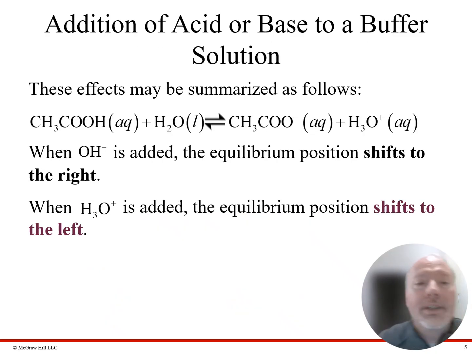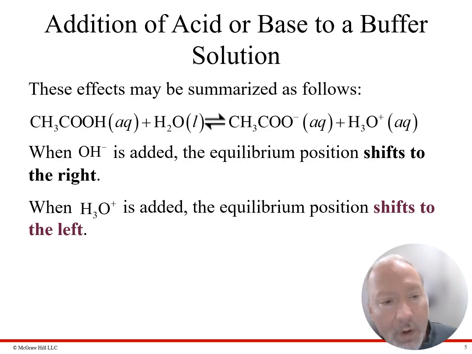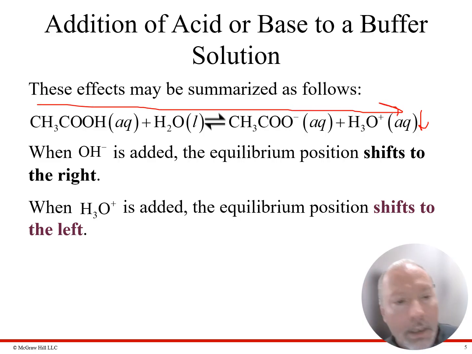Okay, so additions of acids or base to a buffer solution, these effects may be summarized as follows. When hydroxide is added, the equilibrium shifts to the right because we have OH, and we will take this out. And then we will shift the reactants to products because we lost hydronium cation because it reacted to form water with hydroxide.